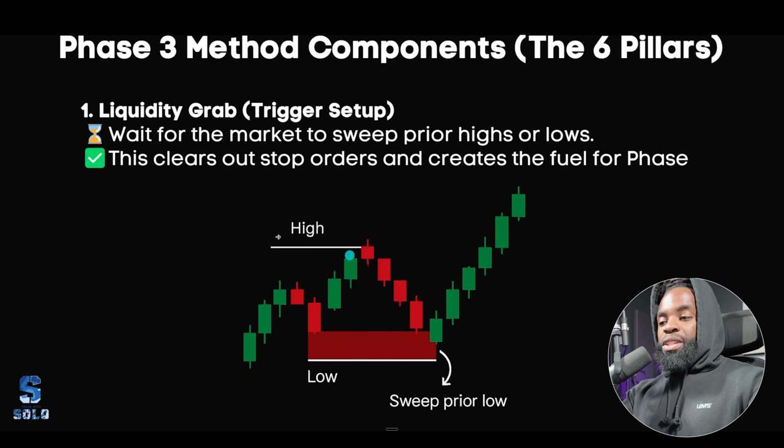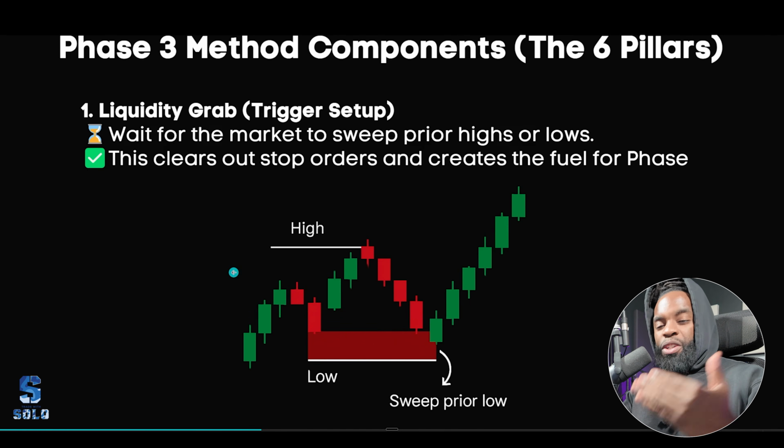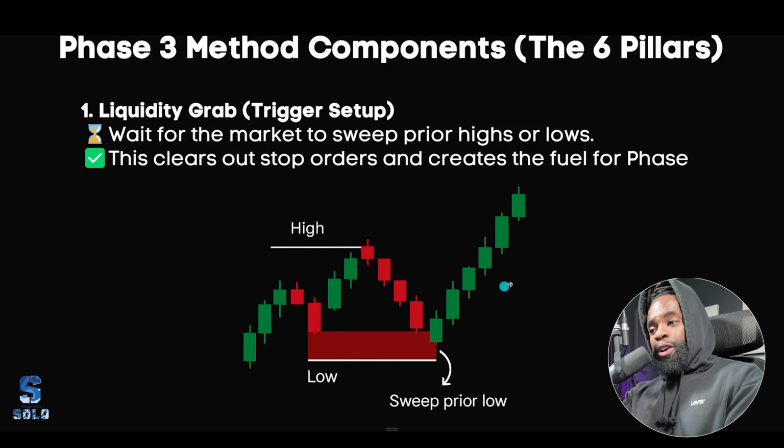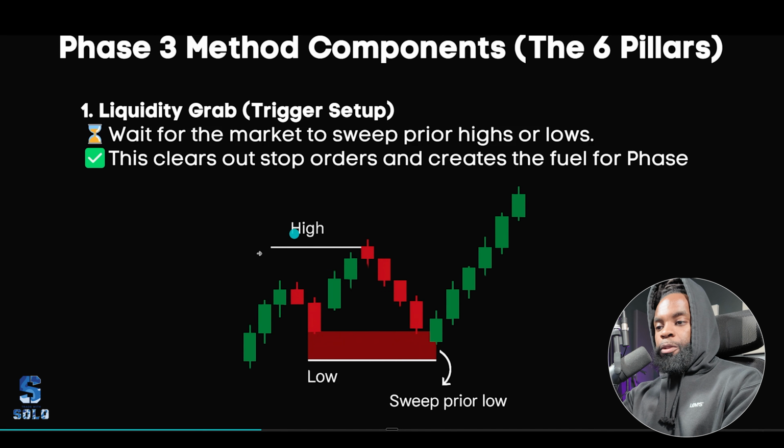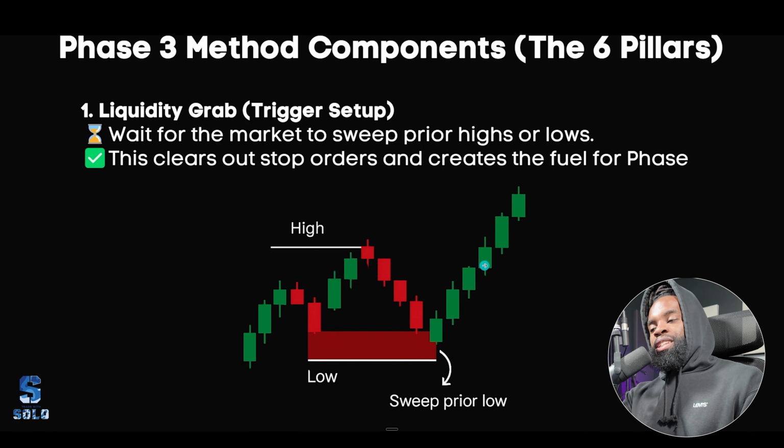And then wave 2 is the first correction within the uptrend, which is known as the pullback. And then the third wave, which is this one right here, is the second wave to the upside if it's an uptrend. And then the fourth wave is another corrective pattern, which is the second corrective pattern. And then the final is wave 5, which is the last wave to the upside.